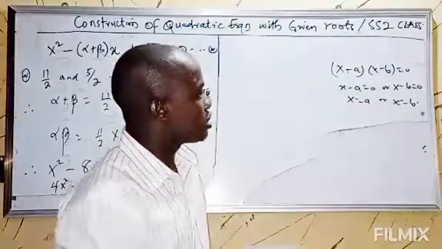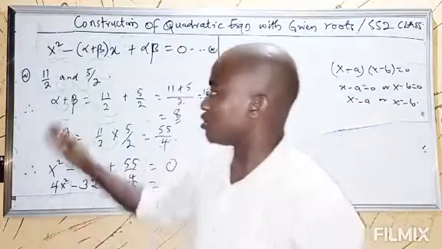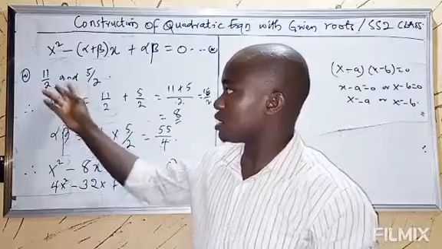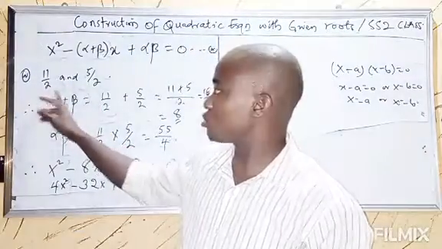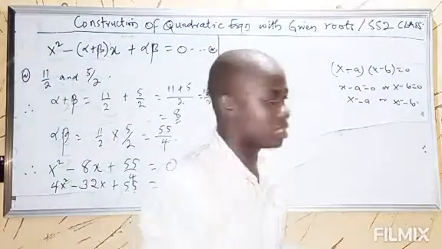So now, if you look at this, this is the same thing as we have here. Can you see? It's the same thing as we have here, that is roots and roots. That is, x is either 11 over 2 or 5 over 2. So now if you want to go with this, are you getting it now?